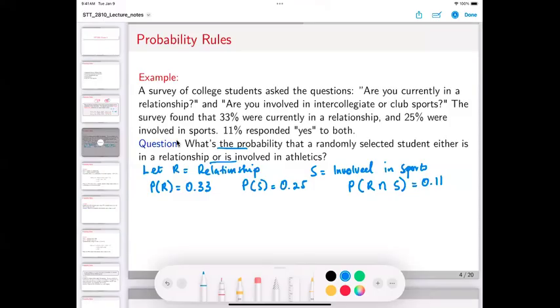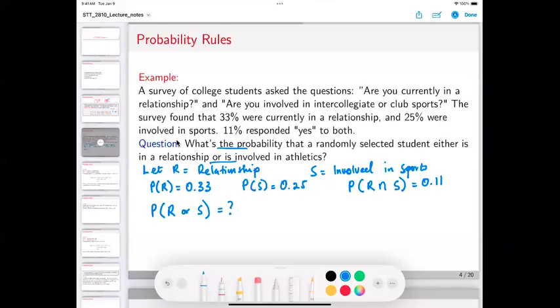Okay. Now the question is saying, what is the probability that a randomly selected student either is in a relationship or involved in athletics? So it means that we are looking for probability that you are in a relationship, or we could use the union sign, or sports. Does that make sense? That is what we are looking for.